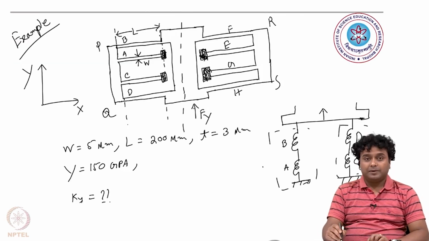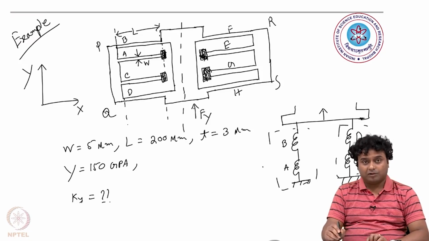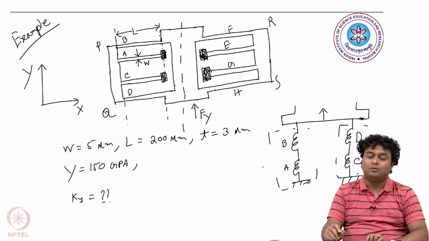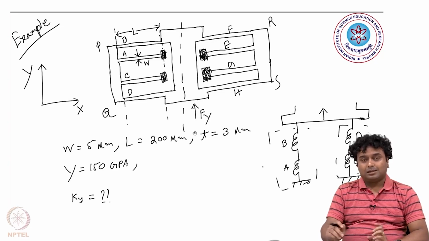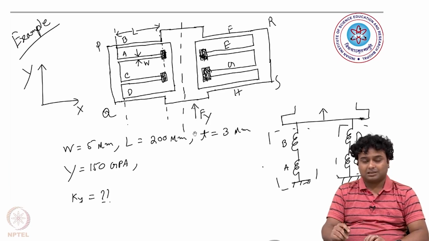So now it means that for this structure, if I apply 14 Newton force in the y direction, then the movement will be 1 meter, or with 14 micronewton force, the movement in the y direction will be 1 micrometer. Okay, so we get the stiffness constant for this kind of beam, and the advantage of this structure, or this analysis, is that now this can be a sensor, right?